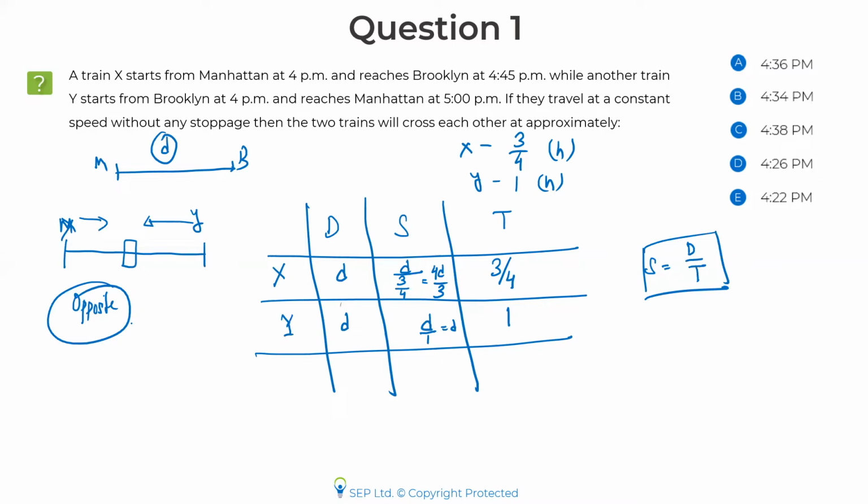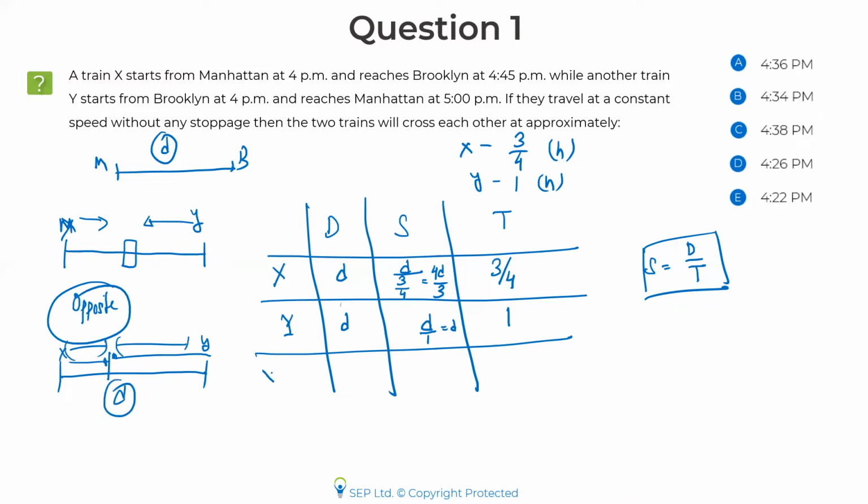Now think about this scenario when they meet. What exactly is happening in the system here? Train X is traveling some distance, train Y is traveling some distance, and together they are meeting. So relatively they are together traveling this distance and this distance. That is nothing but the total distance between these two stations, which is d.